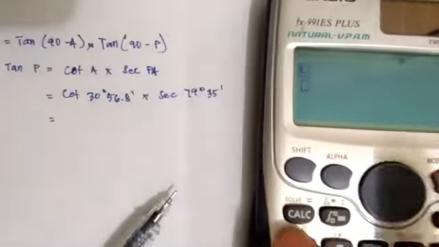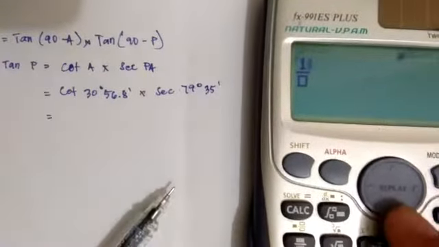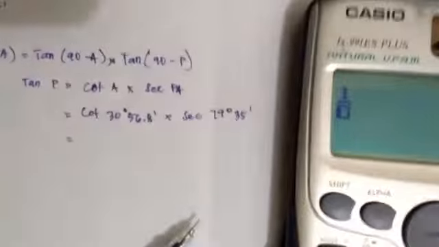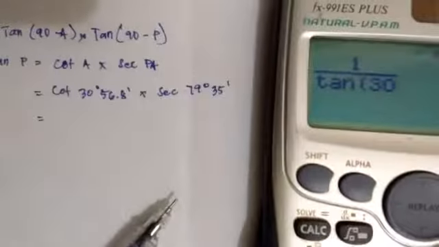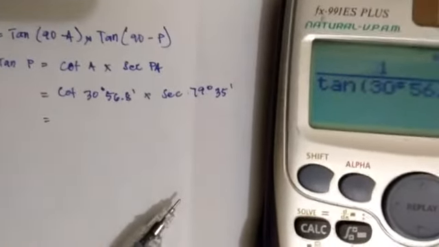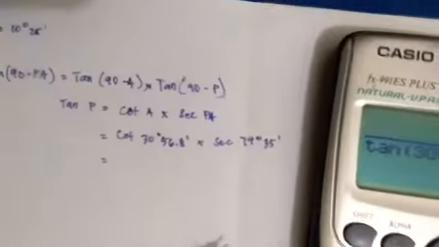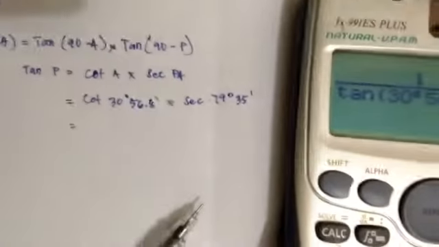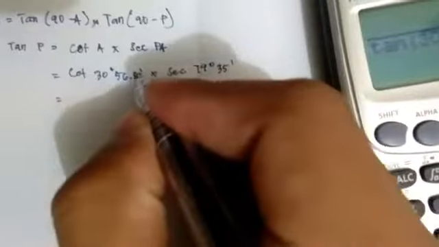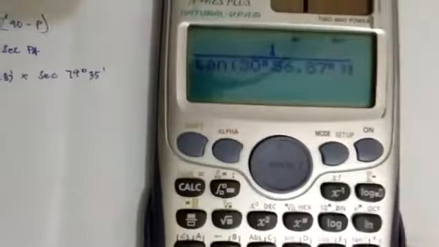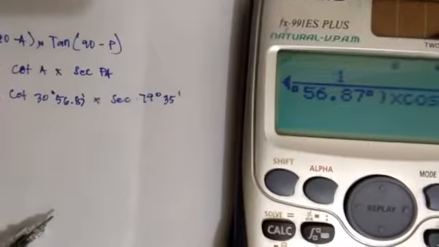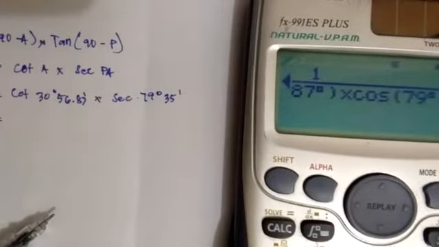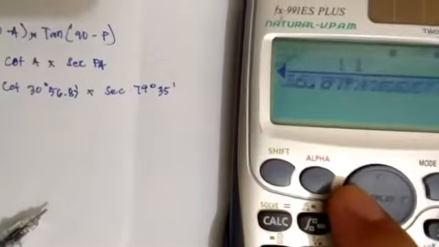So we will have this solution: 1 over, since the opposite of the cotangent is tan, we need to use tan 30 degrees 56.87 minutes, and times the opposite of secant, which is cos 79 degrees and 35 minutes.